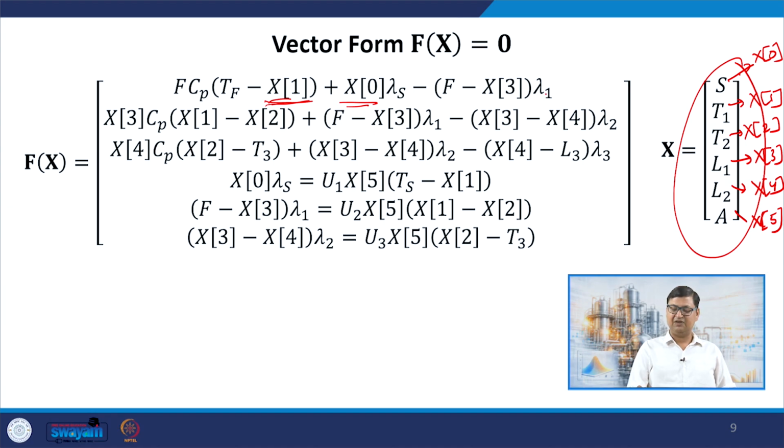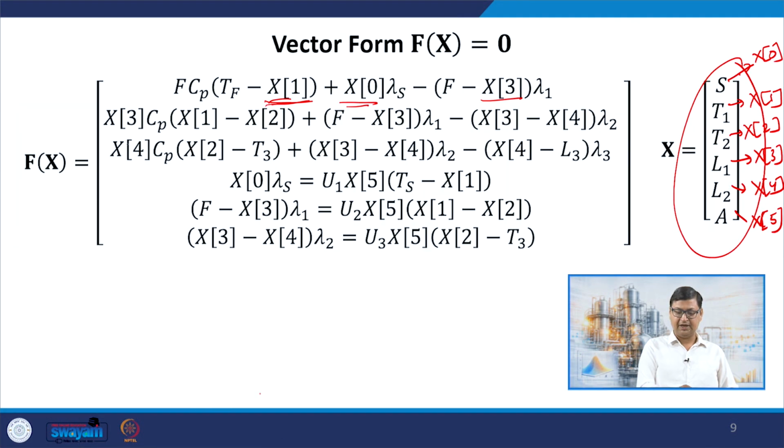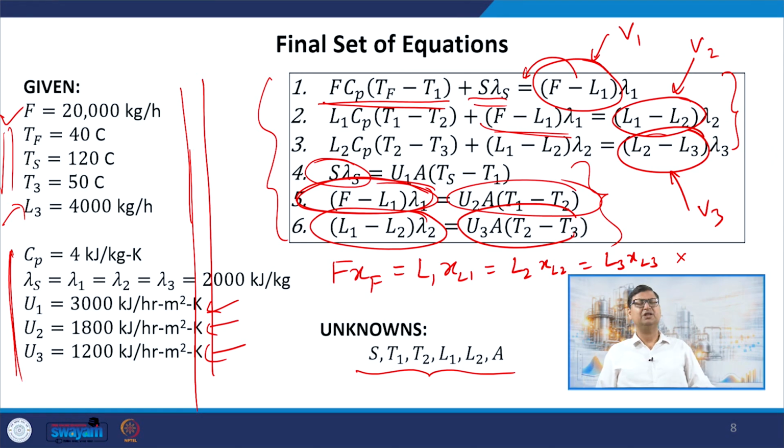Then (F minus L1) lambda 1 comes here, and L1 is the third element, so I put an x3 here. And the same thing I did for the second equation, L1 Cp (T1 minus T2). L1 is my x3, then x1 is my T1, x2 is my T2, and then here again we have L1, right? And the same thing I have done for all the equations in there.